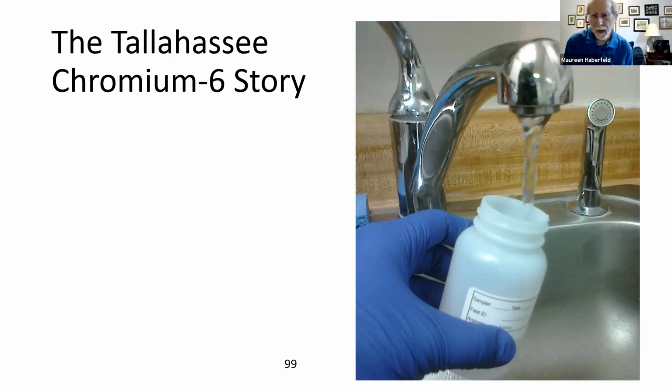One of the things you may or may not remember, I call it the Chromium 6 story in Tallahassee. In 2011, it was reported that the city of Tallahassee's public drinking water supply had high levels of chromium 6.